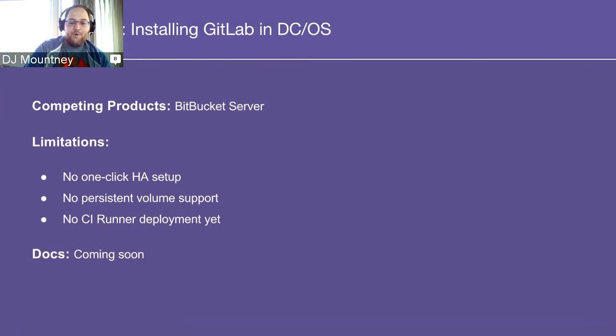There'll be basic documentation for the configuration, but also a tutorial for doing continuous delivery and CI in GitLab on DCOS. But for this first tutorial, because we don't have CI runner, it'll be using Jenkins as the integrated CI in the tutorial.